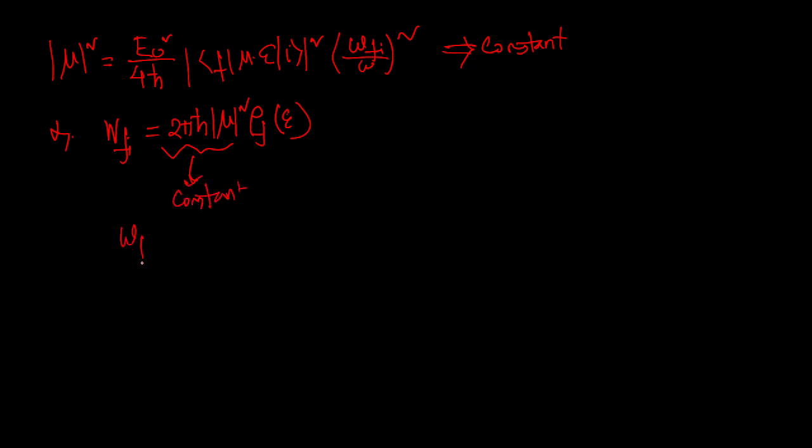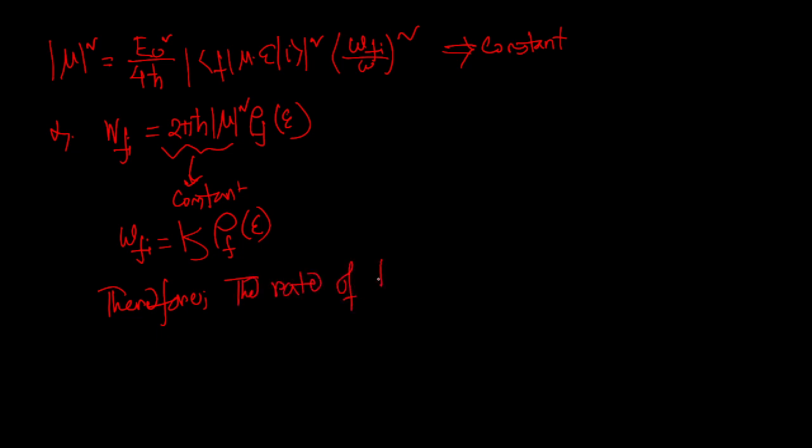So this can be written as a constant into rho. Therefore the rate of transition is proportional to the density of the state.